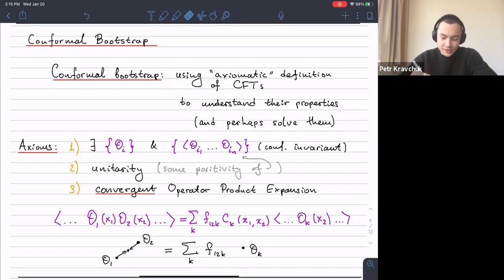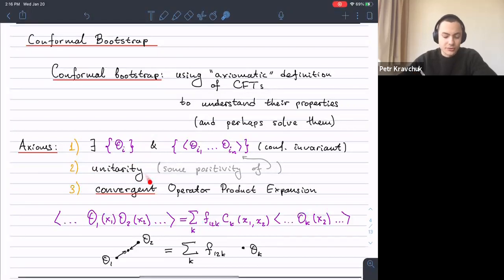Okay. So as I said, a conformal field theory is described by some set of local operators or local fields that we can measure, and their correlation functions. The set of all their n-point correlation functions, which are conformally invariant. We also assume that the theories are unitary.